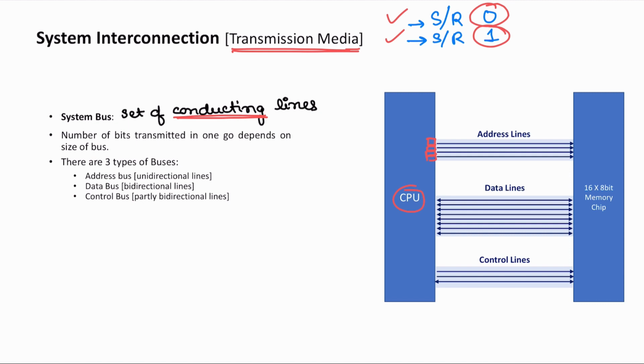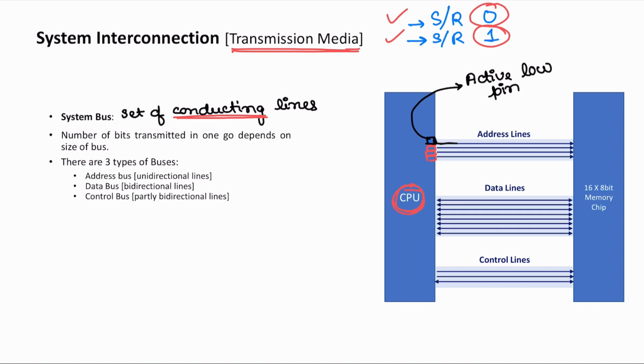For example, this is a pin on the CPU on which this conducting line is connected, and this pin is an active low pin.